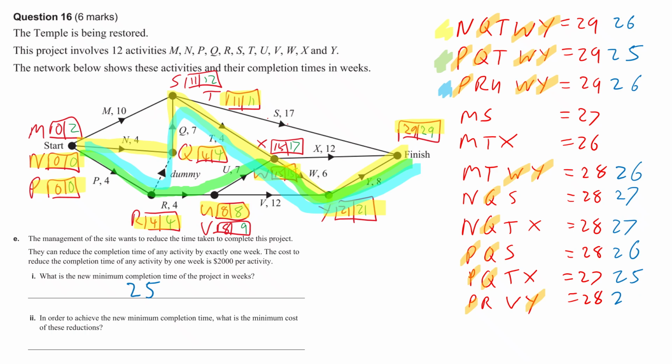And 26. Now I can still see some activities that haven't been crashed, and there's 27s, because 27s are our new highest number. So let's crash S, S, S. So this is going to be 26, 26, and now 25.